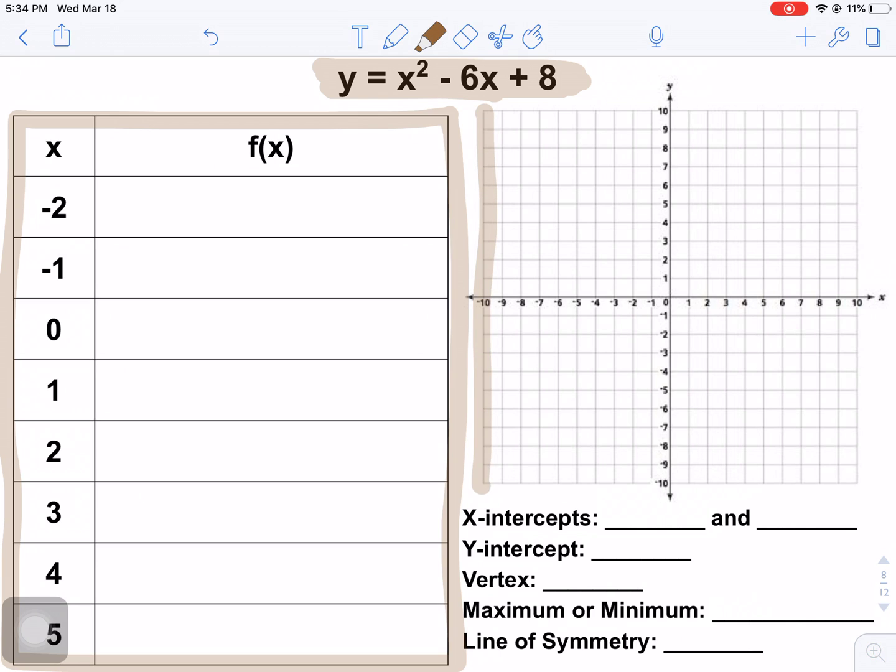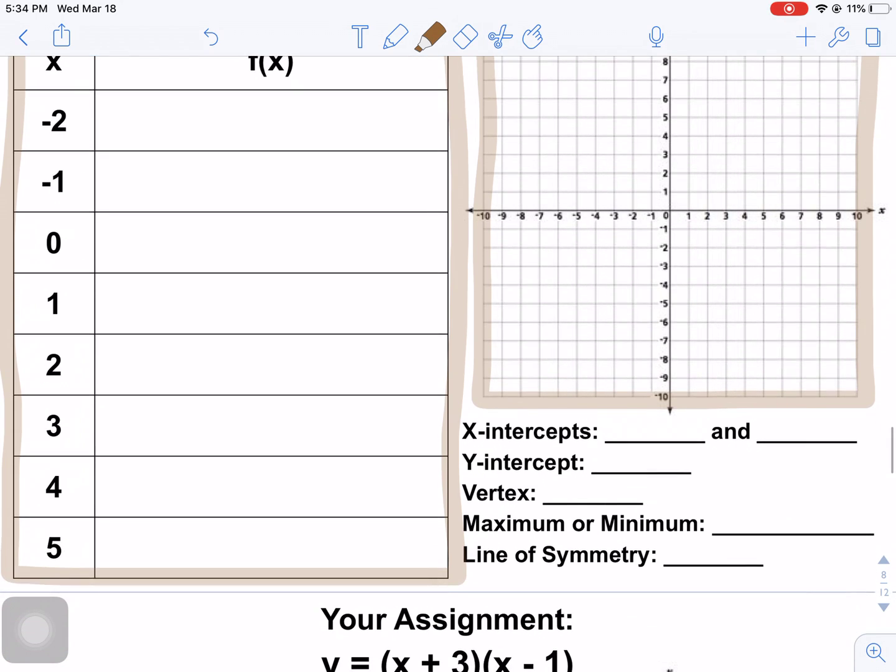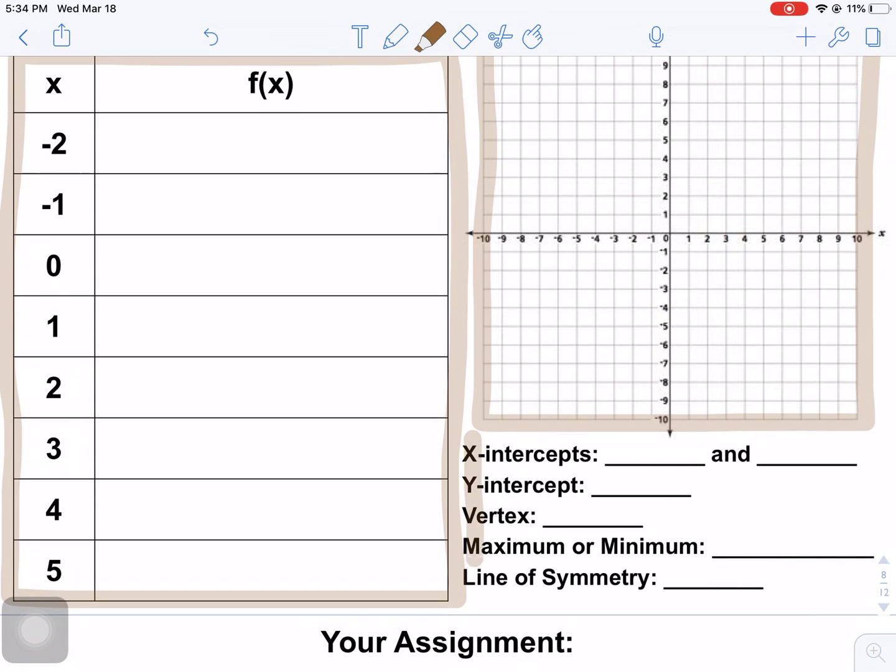You need to create a graph. And then you need to label in the bottom right all of these important pieces of information in your graph and also in your table, just like we did in our notes.